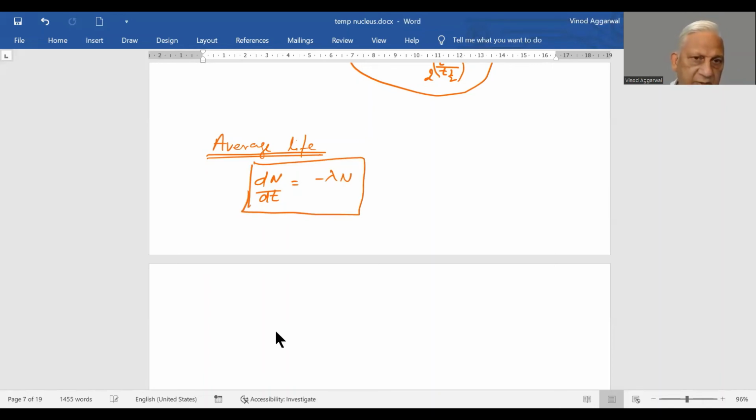Using this basic equation, if we expand, what we will get is that T average is equal to 1 by lambda.